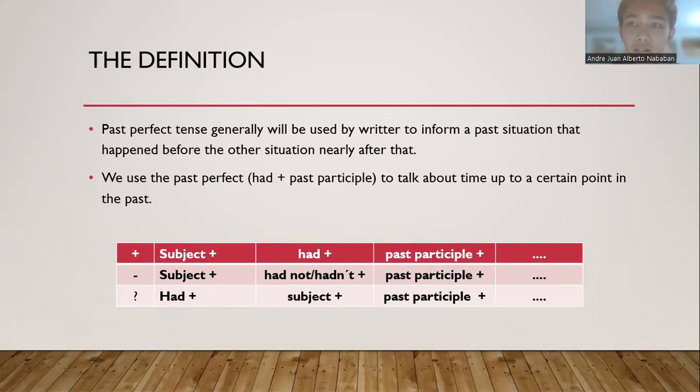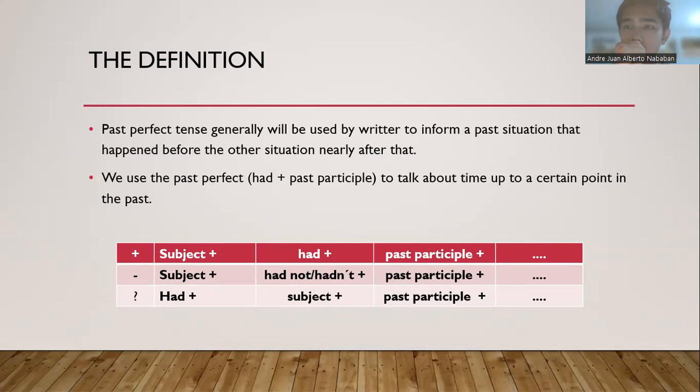And the second, I have written that we use past perfect tense, had plus past participle, to talk about time up to a certain point in the past. So if there is a timeline table, this past perfect tense explains something in the past up to a certain point in the past.